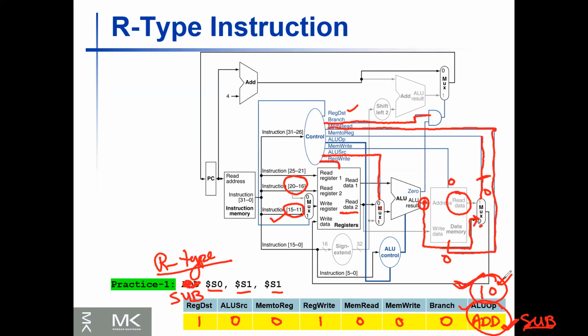So is this clear, girls? If it is sub type, 1 0 is correct, but it will not be addition. Subtraction operation will be performed by the ALU. Clear now, up to here? Yes. Why did you say that it will be the same for sub also? Okay, why did I say it will be 1 0?